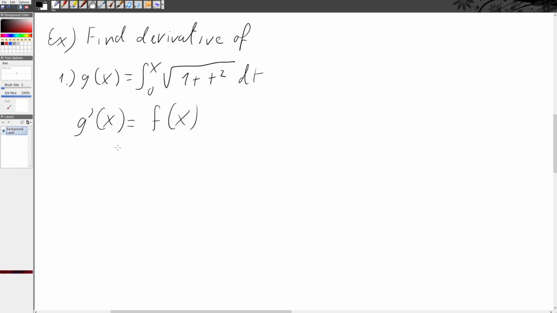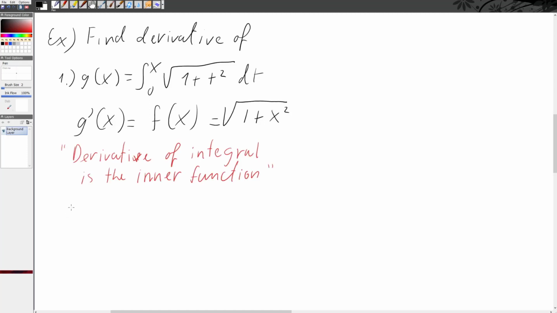In this case, that means the derivative of g of x is simply the square root of 1 plus x squared, not t squared. And then we're done. That's it. The derivative of an integral is the inner function. Now, there are different kinds of functions that you can deal with. Let's take a look at another one.